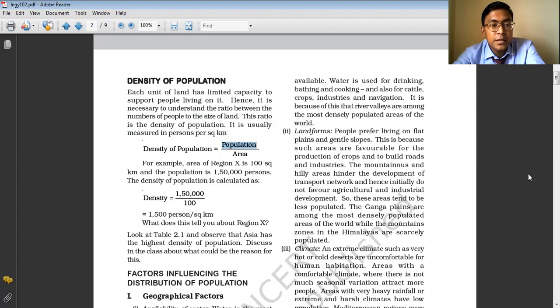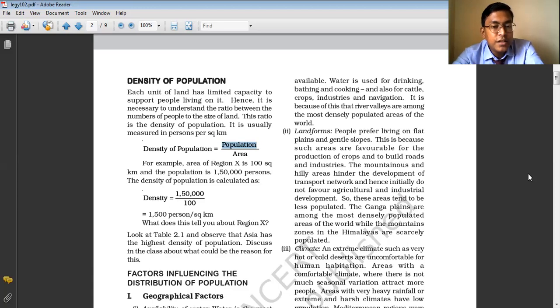For example, suppose there is a place A, and the total population of A is 1,50,000 and the total area of place A is 100 square kilometer.